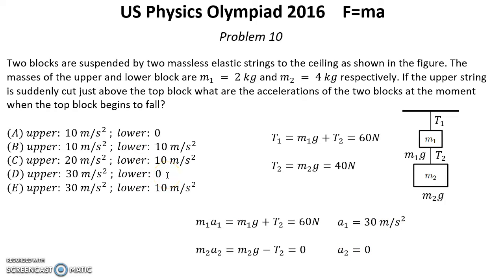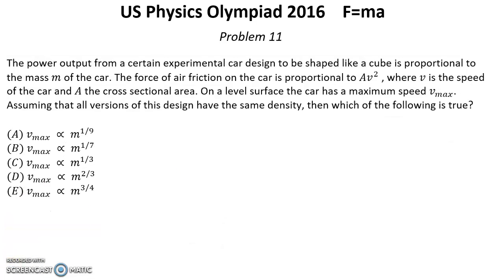That was a solution for problem number 10. Problem number 11. The power output from a certain experimental car designed to be shaped like a cube is proportional to the mass m of the car.